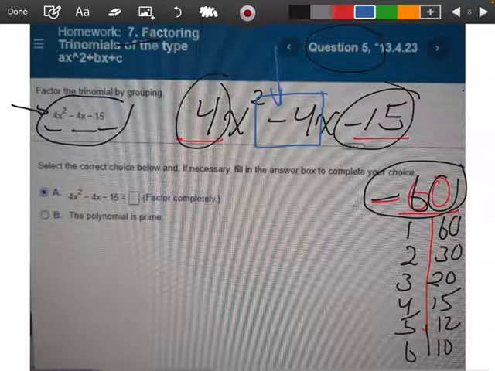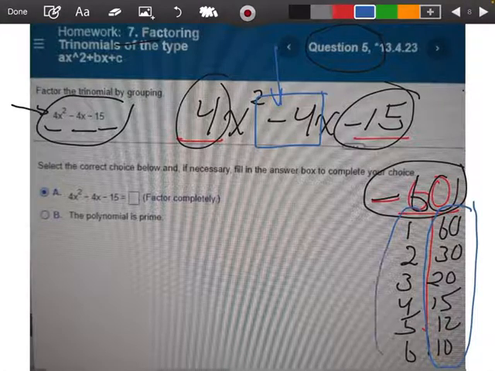So if you notice, these numbers over here are bigger than those numbers over there, okay? Whatever sign I have here, in this case negative, the bigger numbers will have that sign, okay? So now I made the 60 a negative 60, negative 30, negative 20, negative 15, negative 12, negative 10, right?